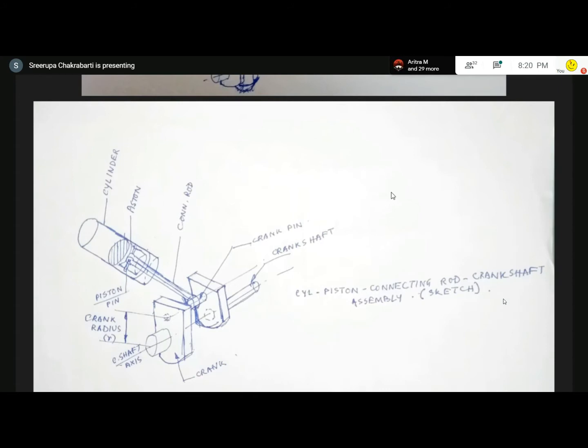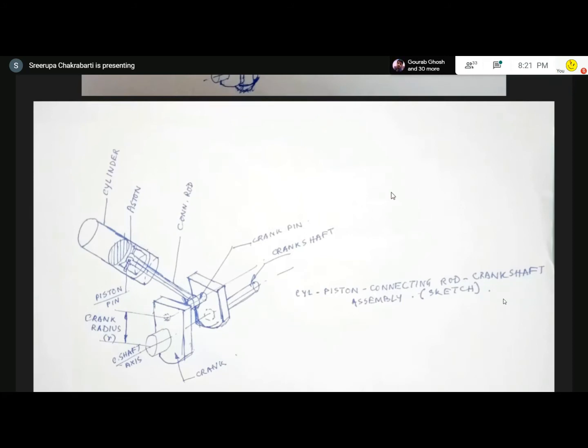This piston is connected to the connecting rod by a pin. That pin is called the piston pin. Piston pin is rigidly connected to the piston. The piston is trying to move out of the cylinder, but it cannot go out; it has a maximum journey length, called the stroke length.